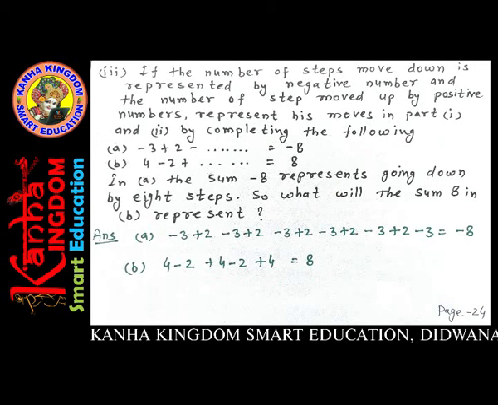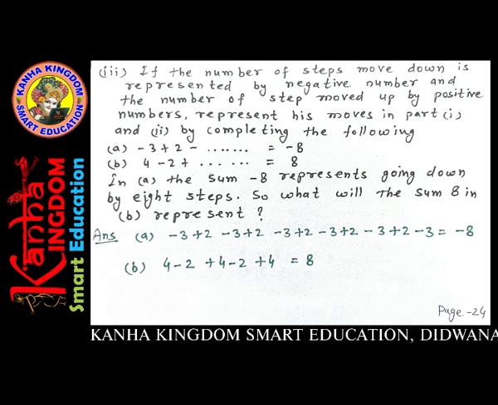Third question. If the number of steps moved down is represented by a negative number and the number of steps moved up by a positive number, represent his moves in parts first and second by completing the following. A part, -3 plus 2 minus and so on, answer is -8.